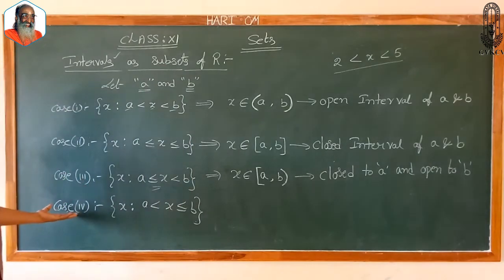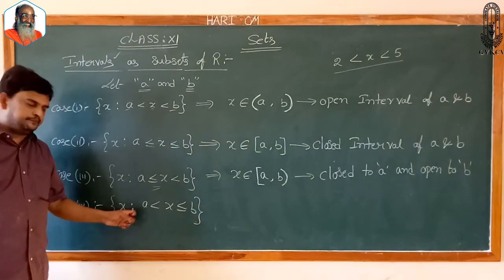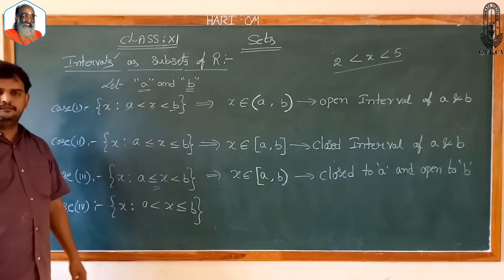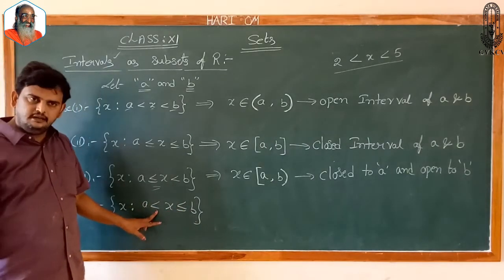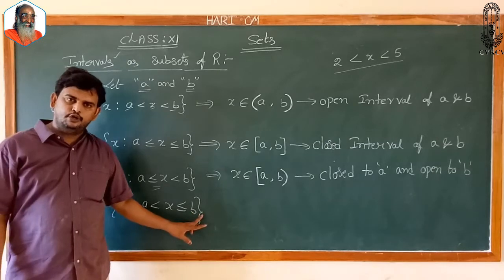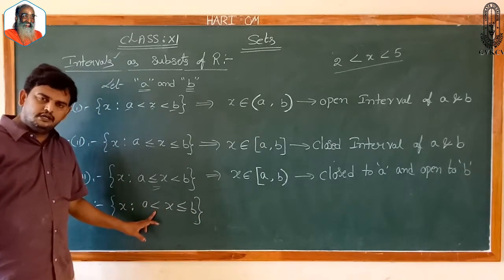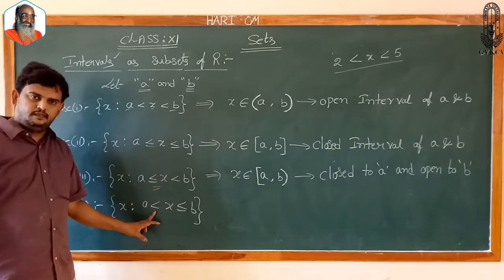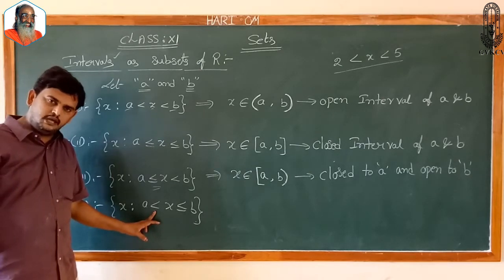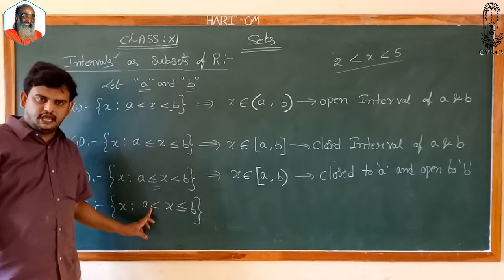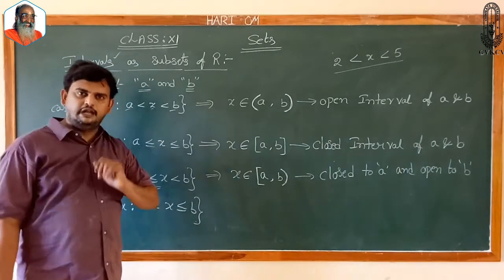Next, the last, x such that a less than x less than or equal to b. A less than x less than or equal to b means that we are not including a, but we are including b. We are not considering a, but we are considering the value b.